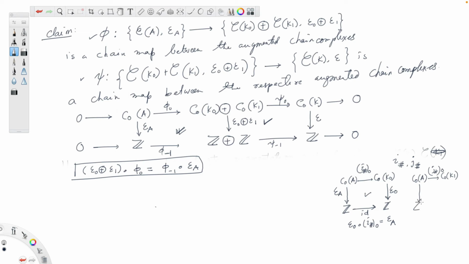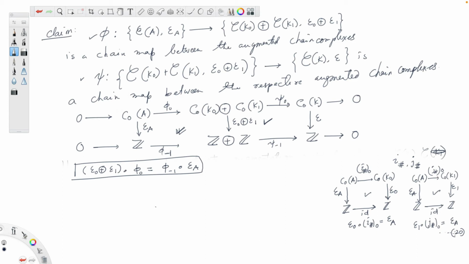Okay, and this is Z, this is again Z, this is epsilon A, this is epsilon 1, and this is the identity map. This is commutative again, which means that epsilon 1 composed with J hash at 0 is equal to epsilon A. Okay, this is equation number 20. So equation 20 can be proved very easily using the definition of augmentation maps.